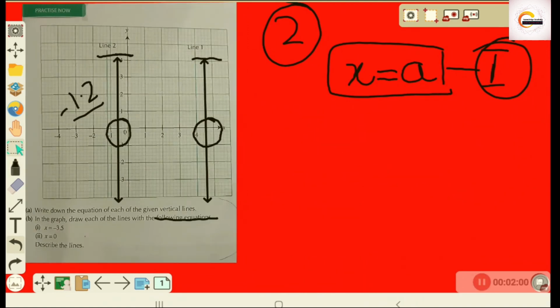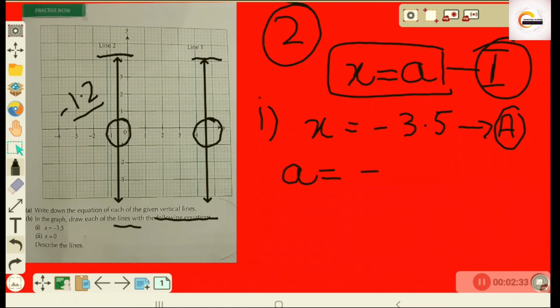Let's get to part B. In the graph we have to draw a line with the following equation. Simple. x equals minus 3.5. After comparing this equation A with our standard equation x equals a, that is equation number 1, we can say that the value of a is minus 3.5.